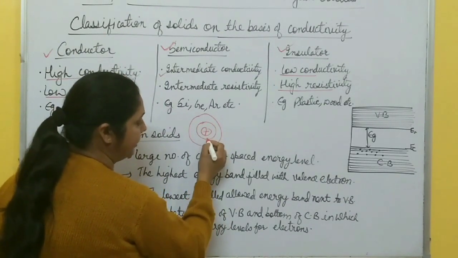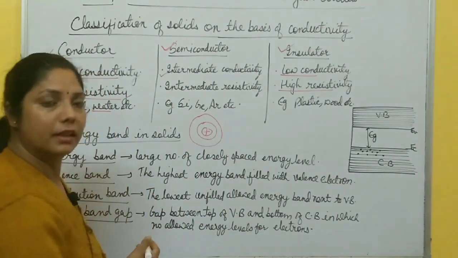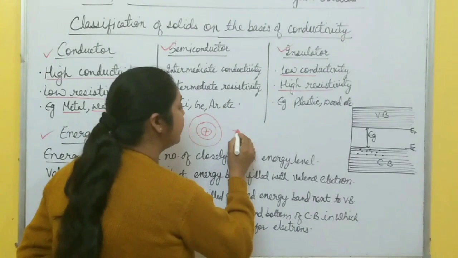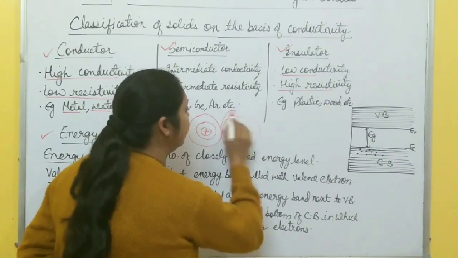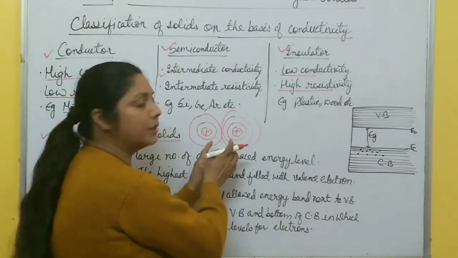Inner shells are filled with electrons, but outermost shells are filled or unfilled with electrons. Now what happens in a crystal when a large number of atoms come close to each other? Their outermost shells also overlap. Suppose here two atoms are there.